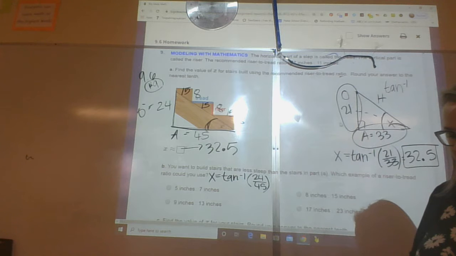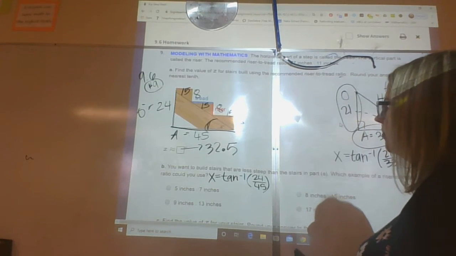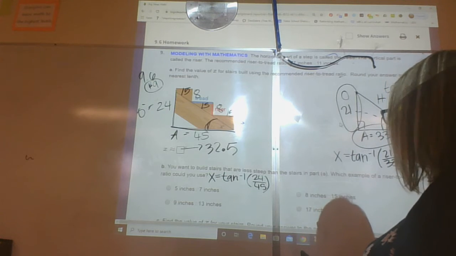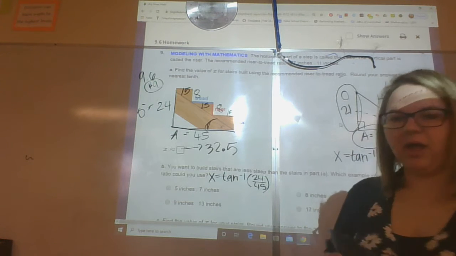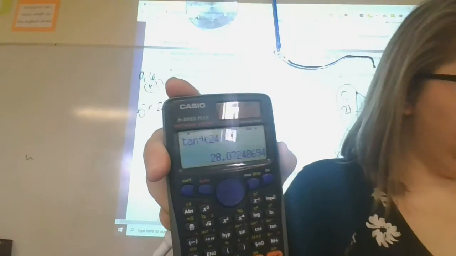Tangent inverse of 24 over 45. Okay, now I got an angle that says 28.1.